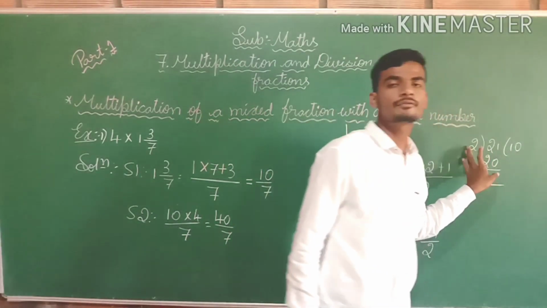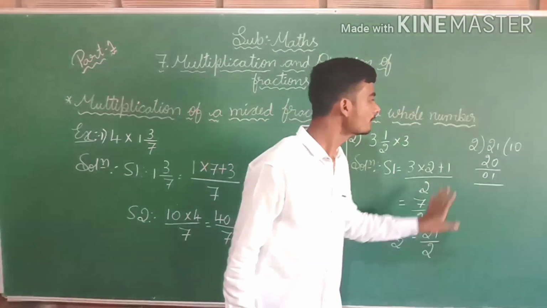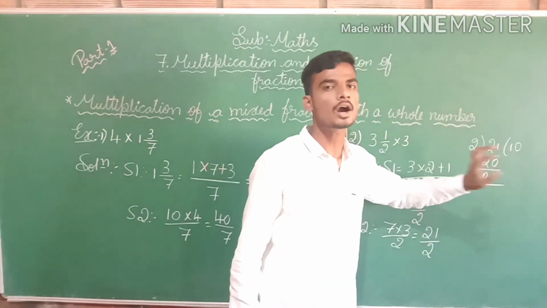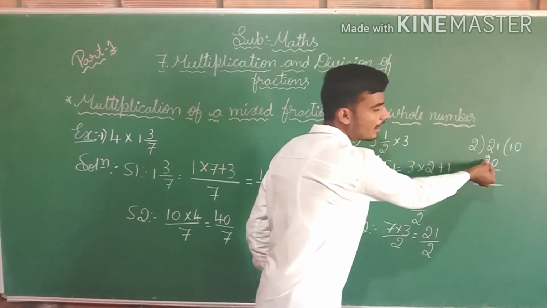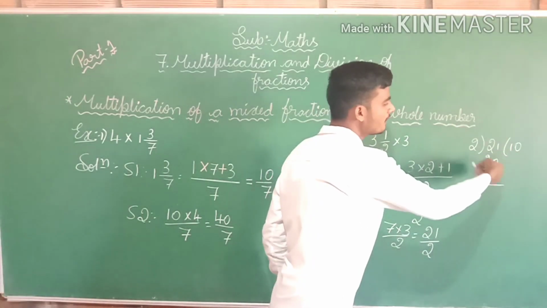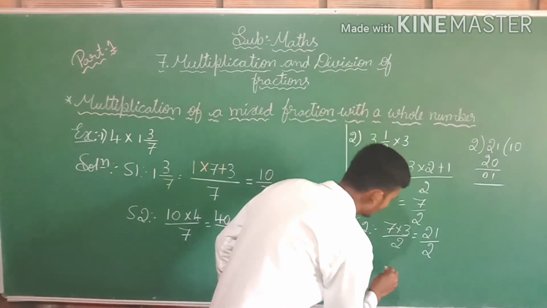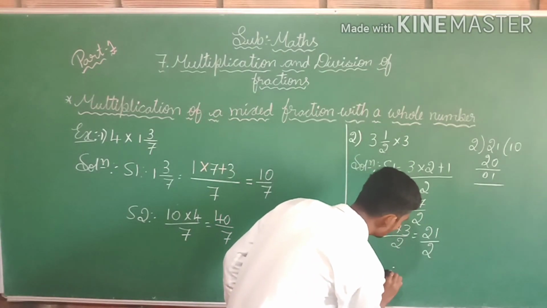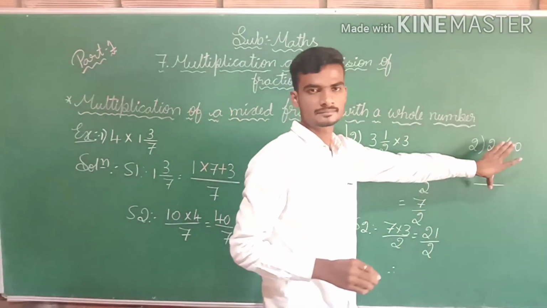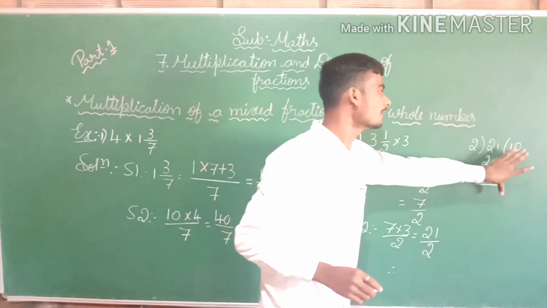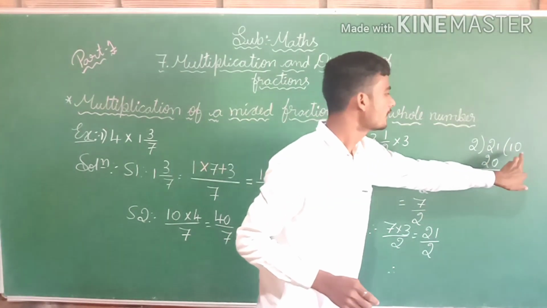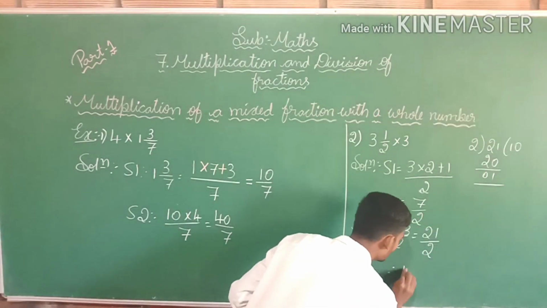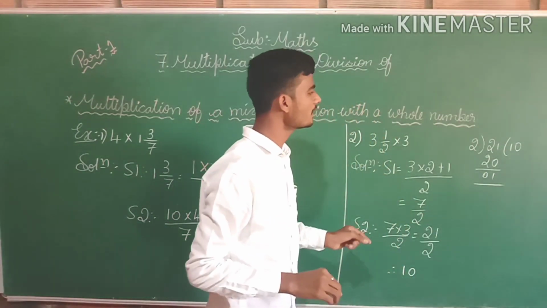Then if we want to convert this into a mixed fraction, okay, how will you convert it into a mixed fraction? For this number you have to do a division process. Then what answer will you get here? How will you write this as a mixed fraction? First you have to write the quotient part as the whole number.